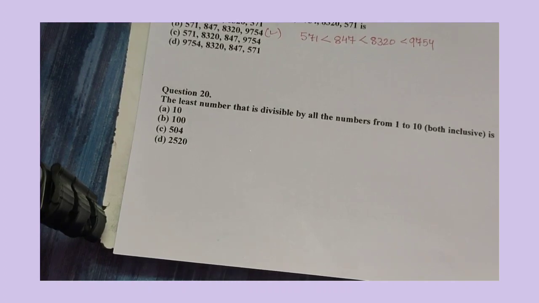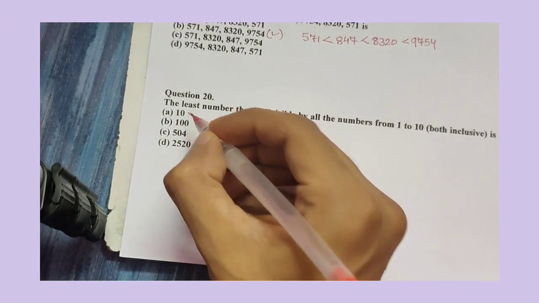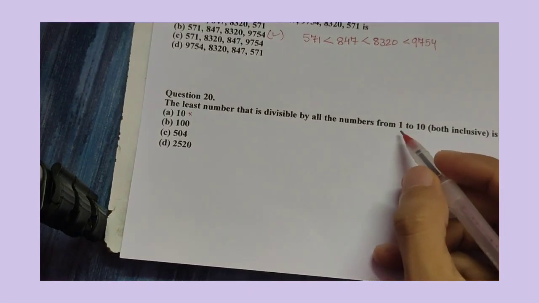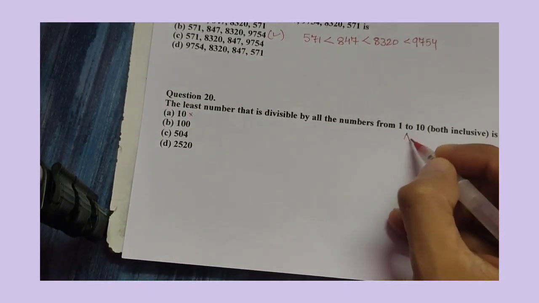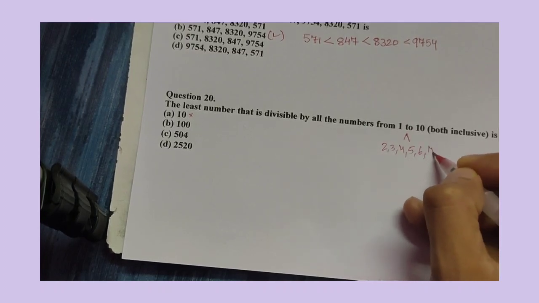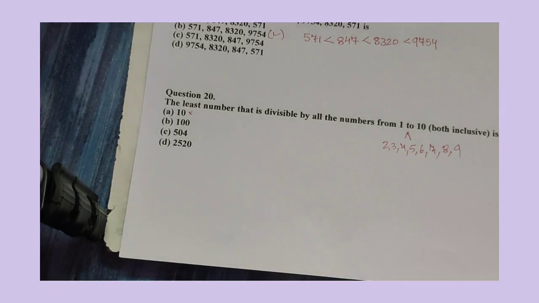Okay, now if we see through the options, we can directly say that we can reject the number 10, as what have they asked? They have asked that it should be divisible by all the numbers in between 1 and 10 and also by 1 and 10.